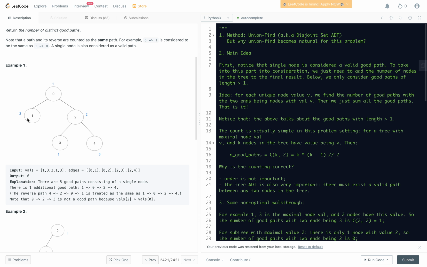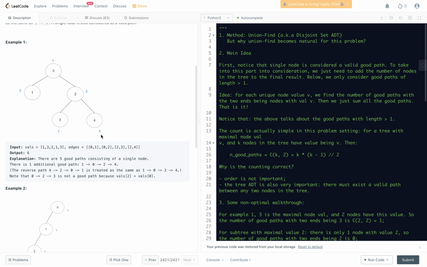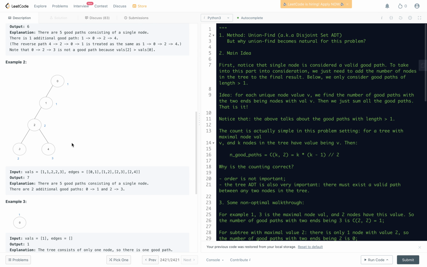The reason is that there are 5 single node paths, because we have 5 nodes, and there is a good path with ending value 3, for example, this one. So the path is from node 1 to 0 to 2 to 4, right? So that's example 1.